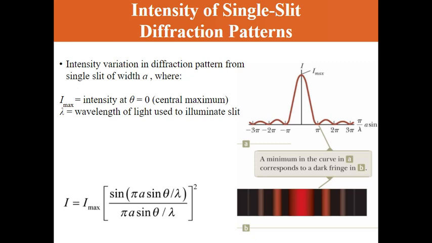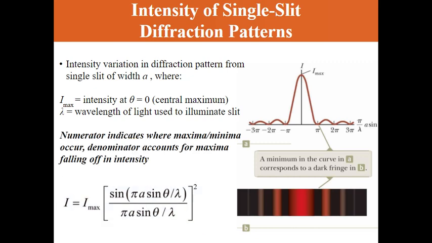So the formula for the intensity of the pattern projected from light passing through a single slit is shown below here. Basically, there's a term right outside that accounts for the maximum intensity, that at the angle of 0, all you get is that max intensity.